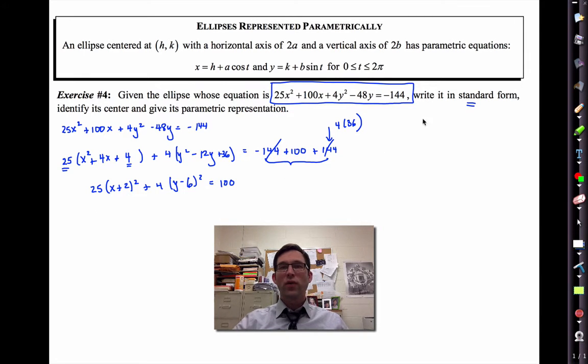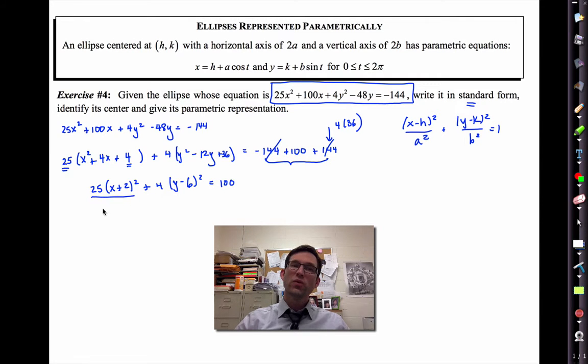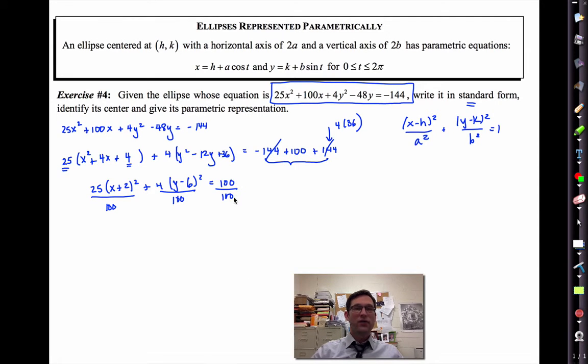Now, remember, what I want is something that looks like this: x minus h squared divided by a squared plus y minus k squared divided by b squared equals 1. So I need to have a 1 over here. So there's really only one thing I can do, which is divide both sides by 100.